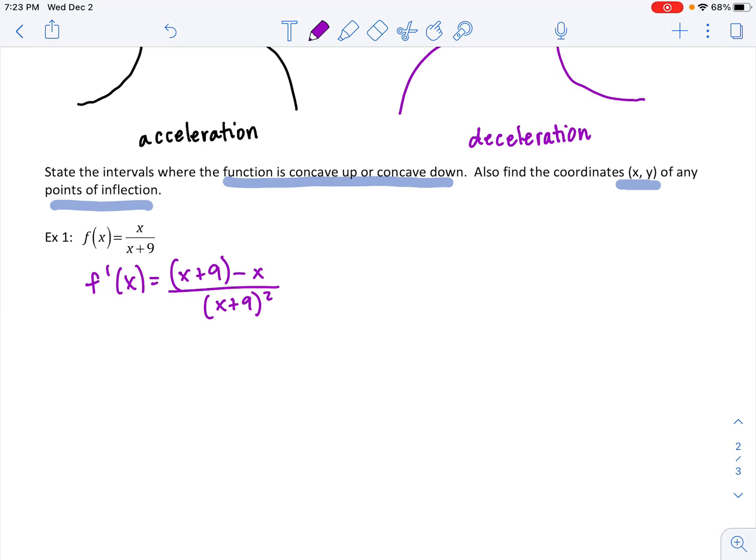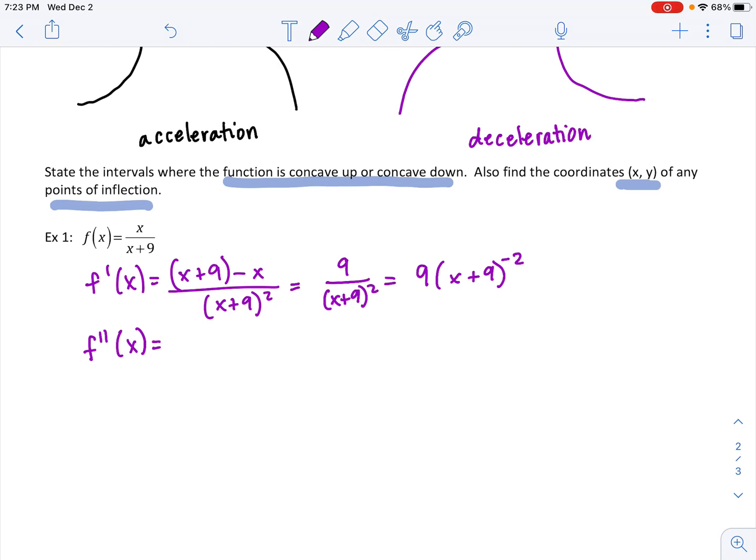So I took the first derivative here, and it's good to simplify it a little bit. So left over is 9 in the top, and then just x plus 9 squared in the bottom. And now I'm going to move right through to my second derivative. For this problem, I'm going to think of this as 9 times x plus 9 to the negative 2 power. I don't have to use the quotient rule for it, so I'm not going to.